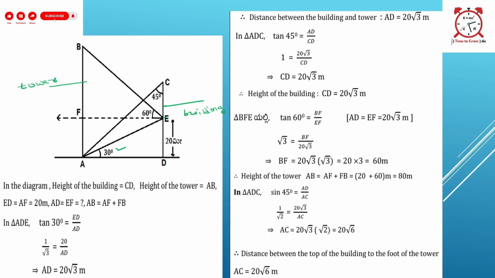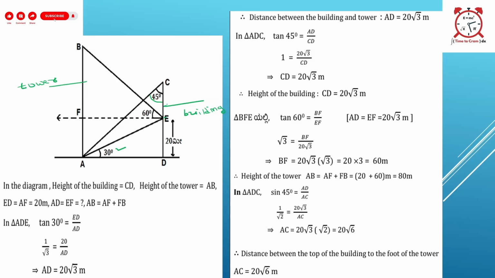Then from the top of the building, if we observe the foot of the tower, the angle of depression is 45 degrees. So these three angles are given: 30 degrees and 60 degrees as angles of elevation, and 45 degrees as the angle of depression.